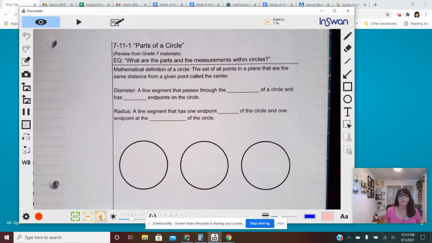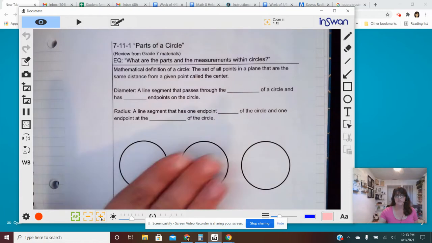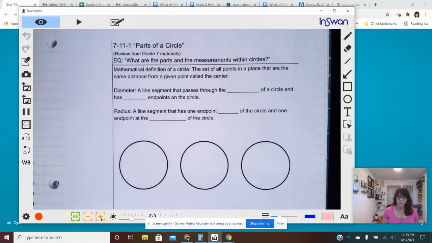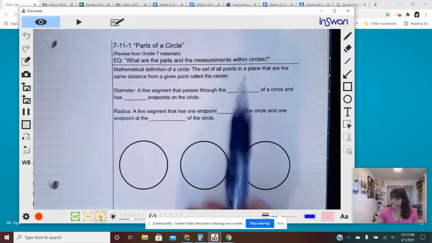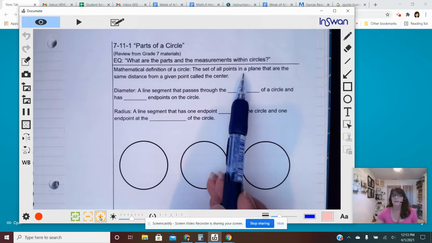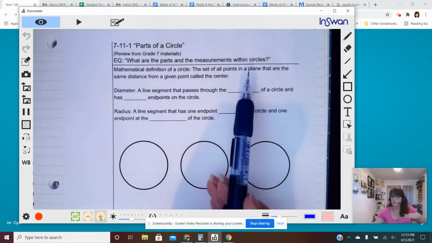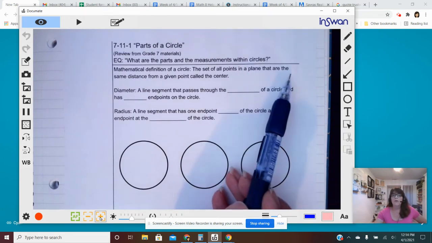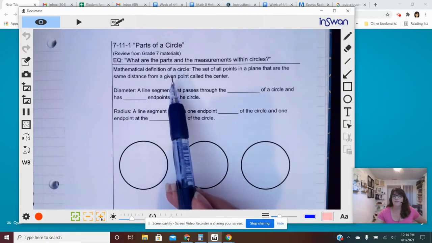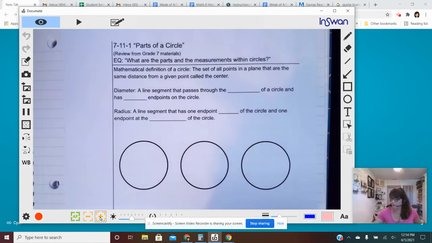So, taking a look at the notes handouts that you received, just going through the basics, okay? You learned about circles in preschool, but there is a mathematical definition of a circle. It is the set of all points in a plane, which means 2D, it's flat, that are the same distance from a given point called the center.